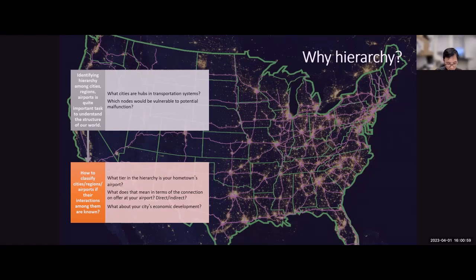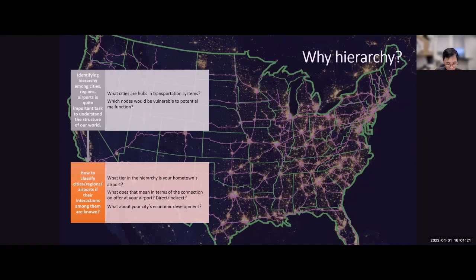As a glimpse of the hierarchy, as you can see from the satellite pictures on this slide, areas or cities with brighter lights usually represent the larger cities, while the dark areas have no light, indicating less economic activity.